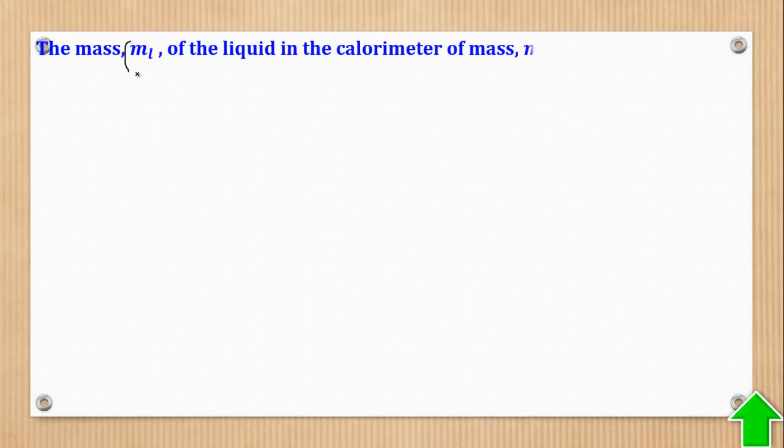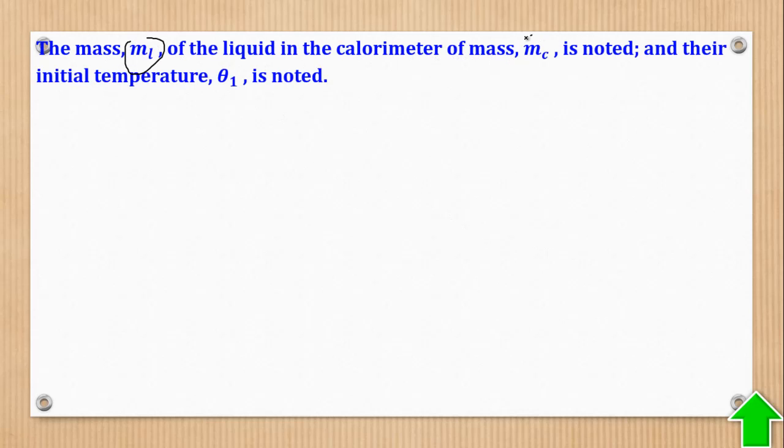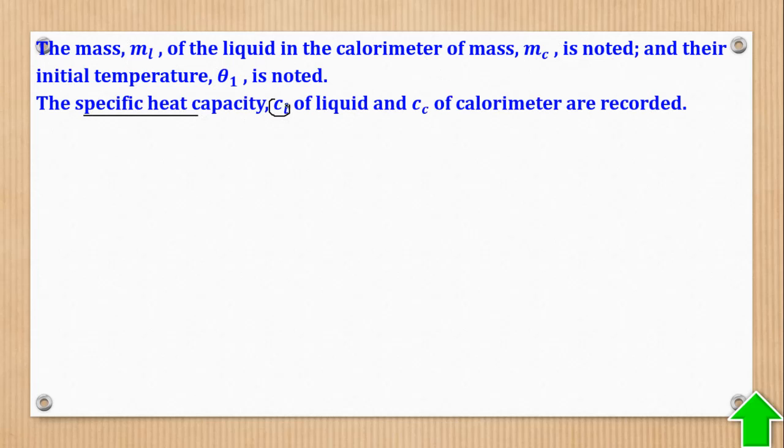One shall say mass ml of the liquid and of the calorimeter of mass mc. So mc is the mass of the calorimeter and ml is the mass of the liquid, is noted. And their initial temperature, θ1, is noted. The specific heat capacity, Cl, of the liquid and Cc of the calorimeter are recorded.